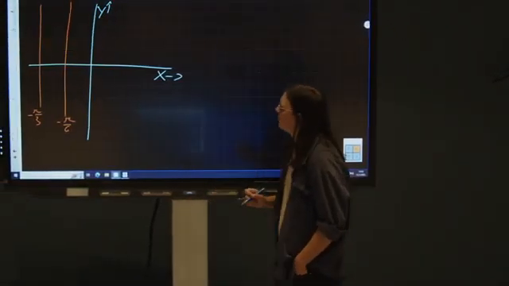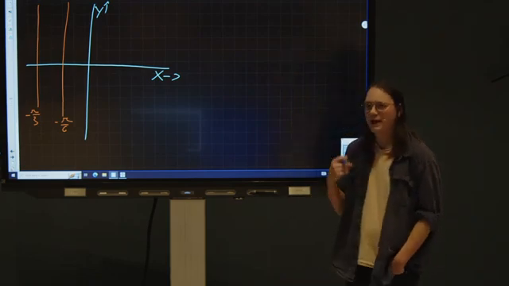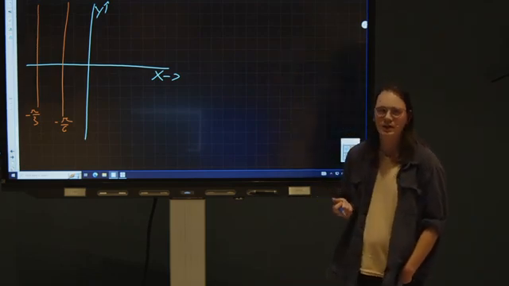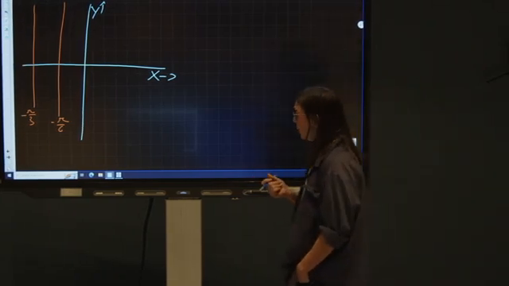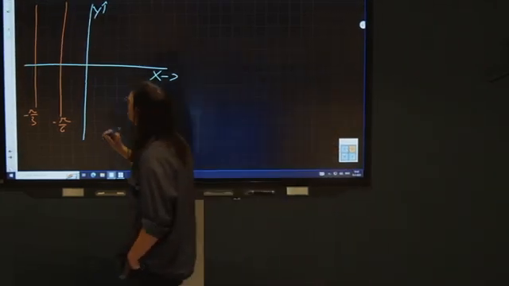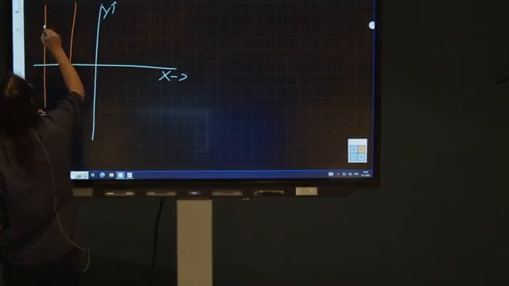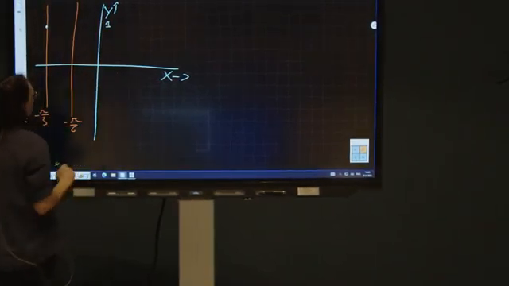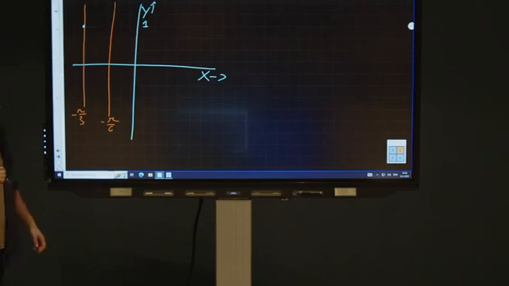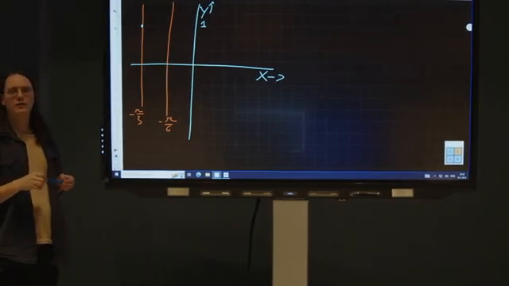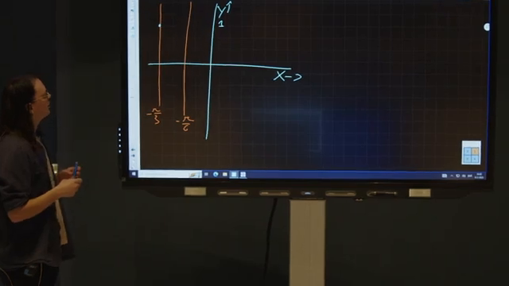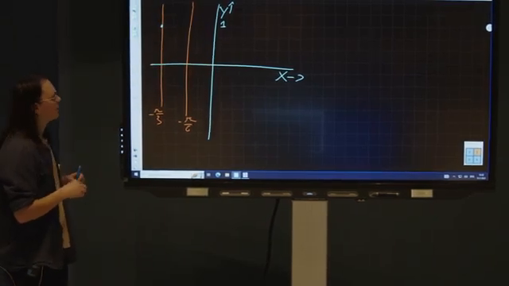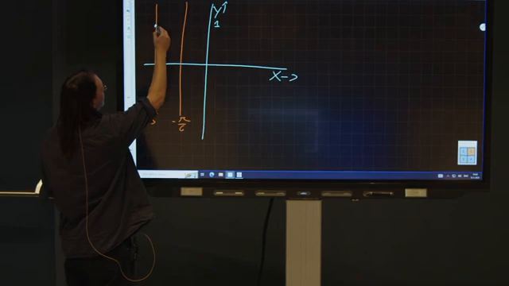So what does cosine of 3x plus pi look like? At minus pi over 3, that's cosine of 0, which is 1, so we're up here at 1. And at minus pi over 6, that's cosine of pi over 2, which is 0. So this goes down like that.